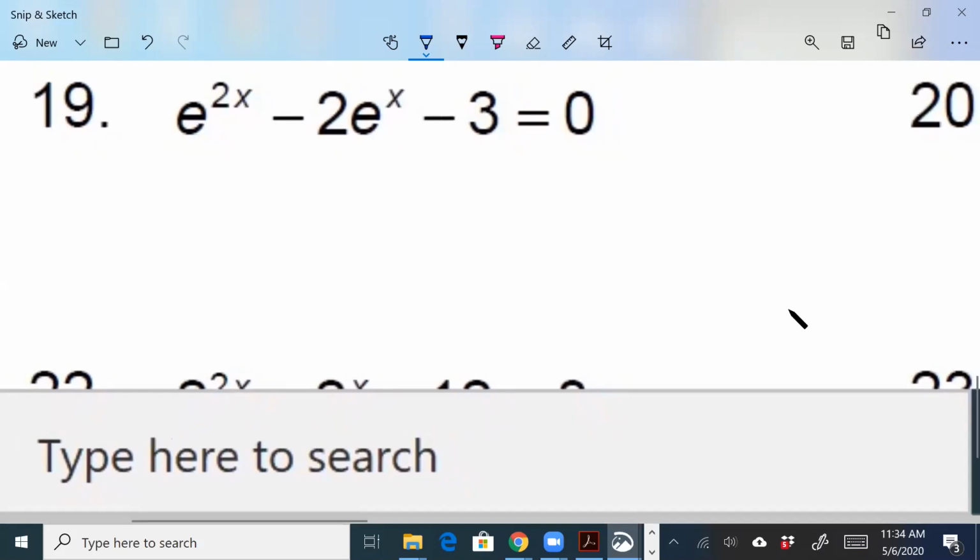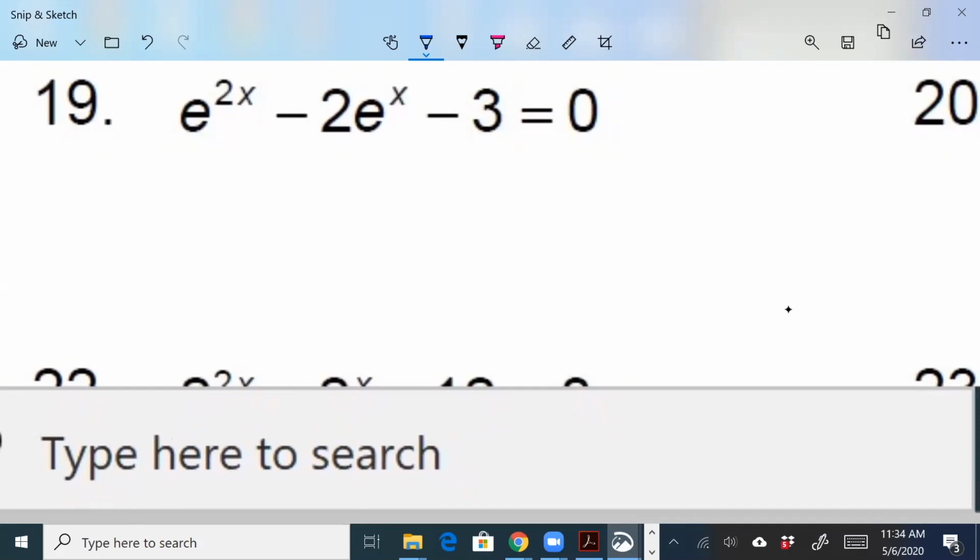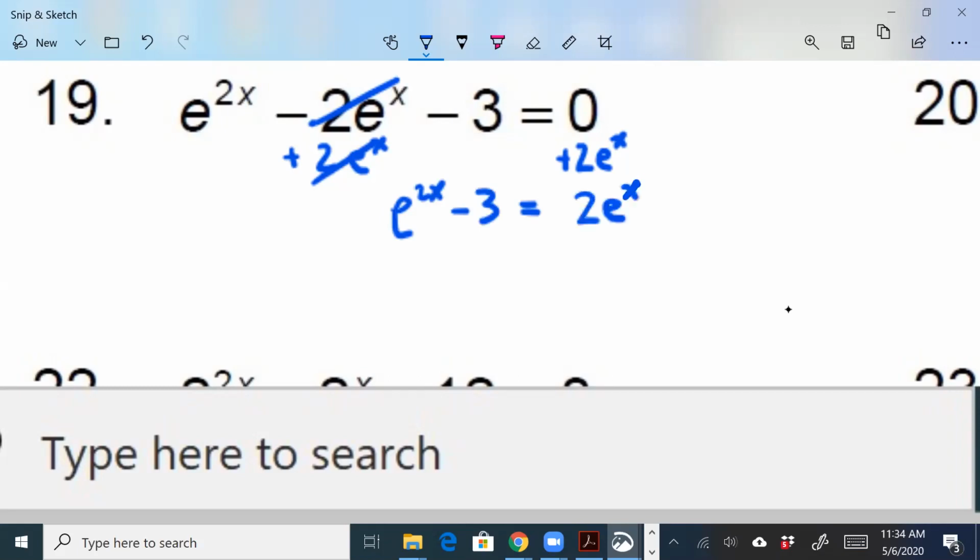I'm going to add that to both sides. Minus 2e to the x power over here, plus 2e to the x power, canceling it on the left, leaving e to the 2x minus 3 is equal to 2e to the x here.